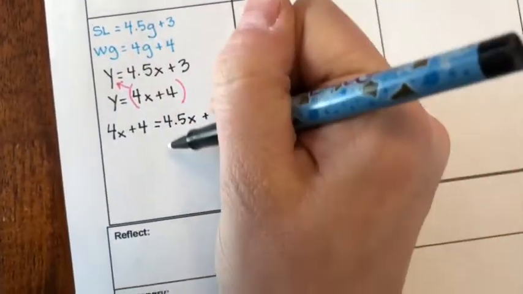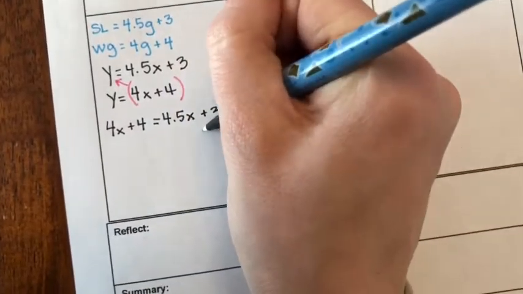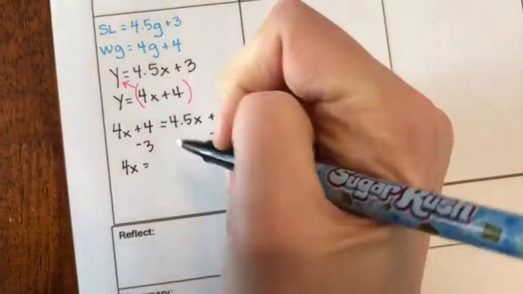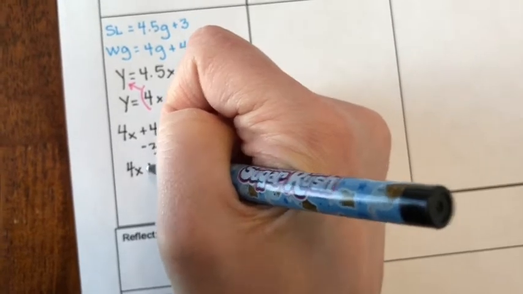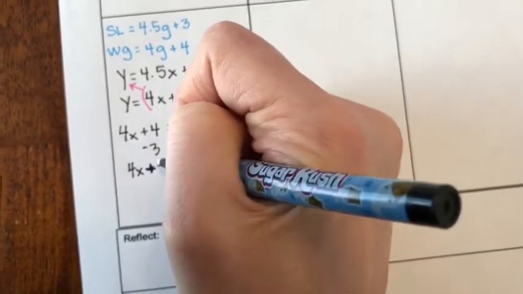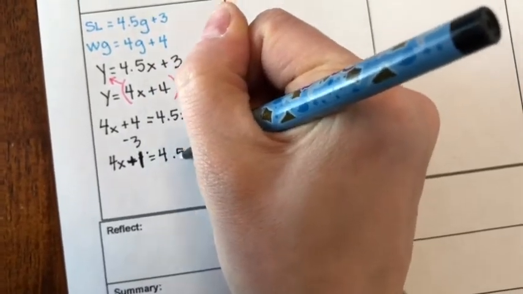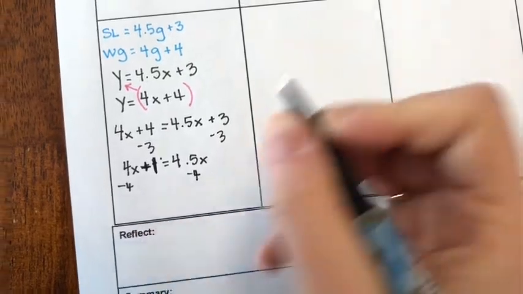Now when I start solving, I'm going to subtract 3. So I get 4x plus 1 equals 4.5x. Oh my gosh, I can't do math right now. Now I'm going to subtract the 4x.